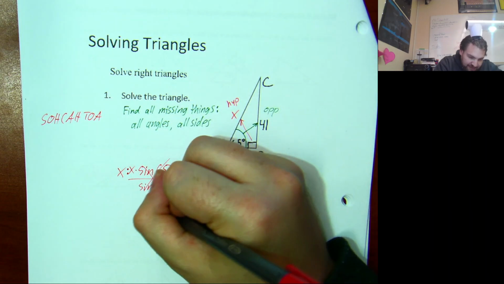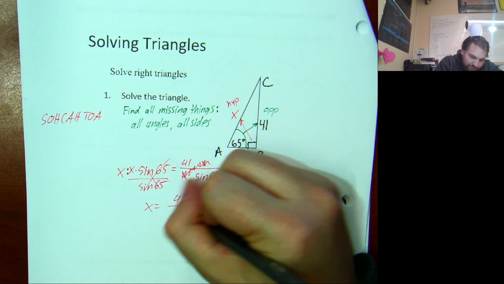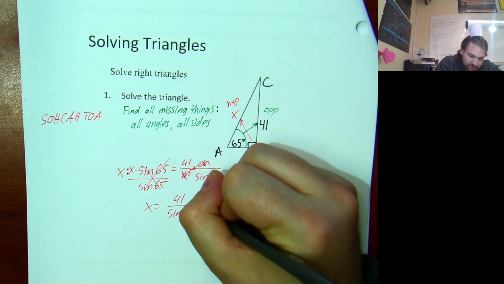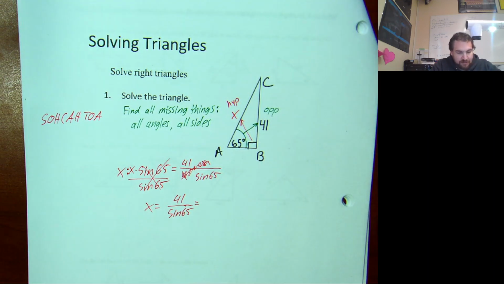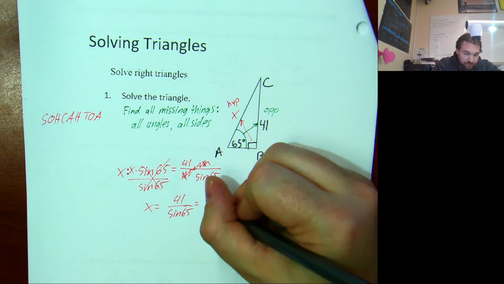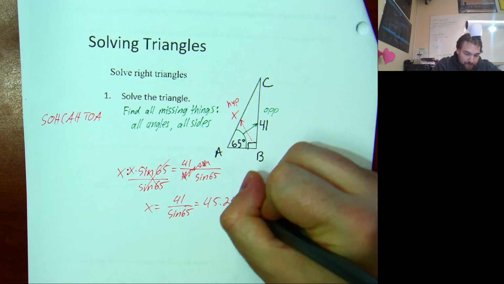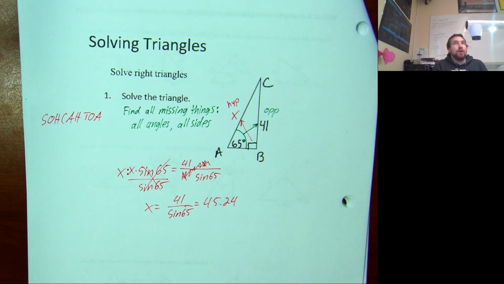So I'm going to get X equals 41 over sine 65, which allows us to find X, which is 45.24. Okay, cool. We have found our missing side. Did we have to do that side first? No? What could we have done instead?